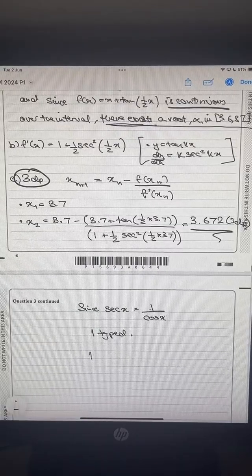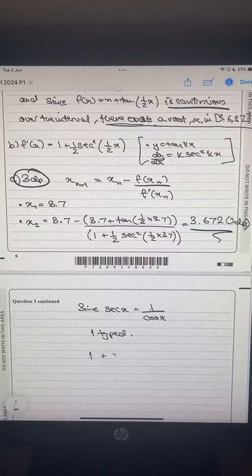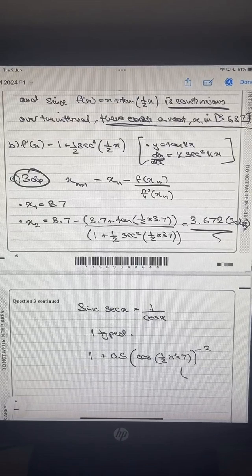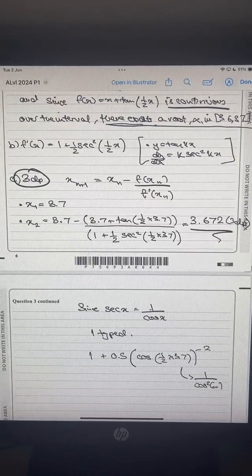I typed 1 plus a half, I just wrote 0.5, cos of a half times 3.7 to the minus 2. Because I'm doing it to the minus power because it's 1 over cos, and because sec squared is 1 over cos squared in the calculator, that leads to 1 over cos squared of whatever. So that's how I would write it in the calculator to make it easier.